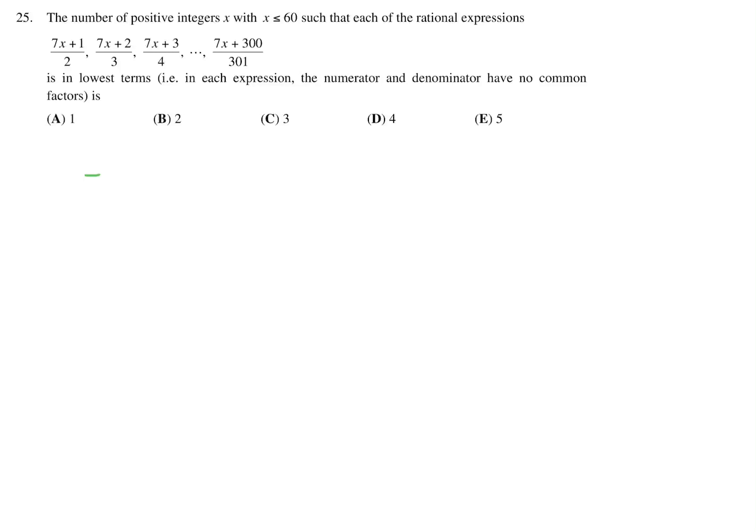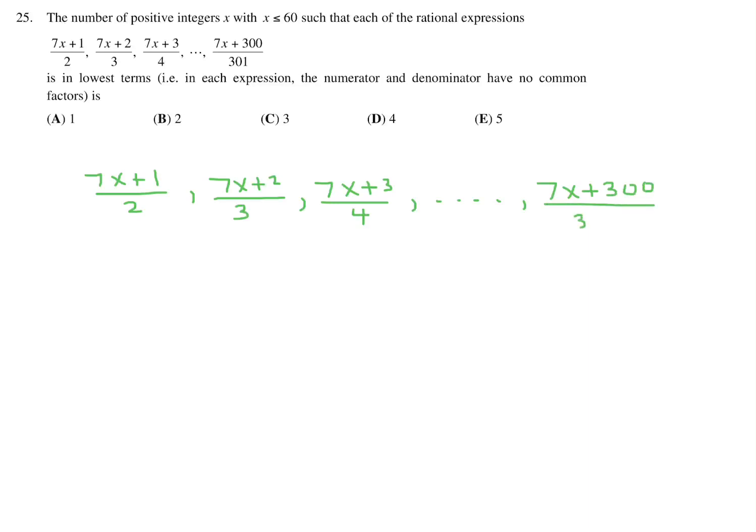So (7x plus 1)/2, (7x plus 2)/3, (7x plus 3)/4, and so on, all the way up in that same pattern till the final one, which is (7x plus 300)/301.